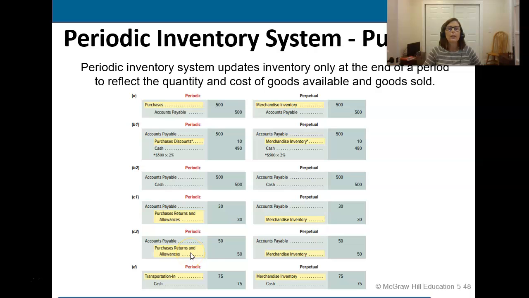It's going straight into purchase returns and allowances, unlike the perpetual system where we're going to take it out of our merchandise inventory. And then lastly, when we go to pay for the shipping on this, we're going to have what's called transportation in under the periodic system, whereas under the perpetual system, it's just going to become part of our merchandise.